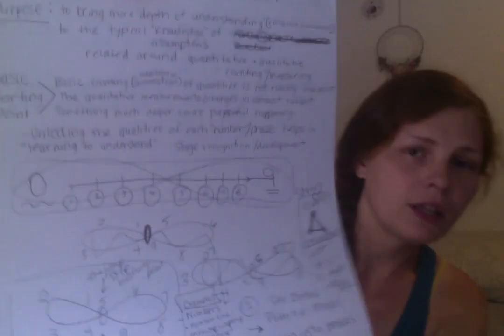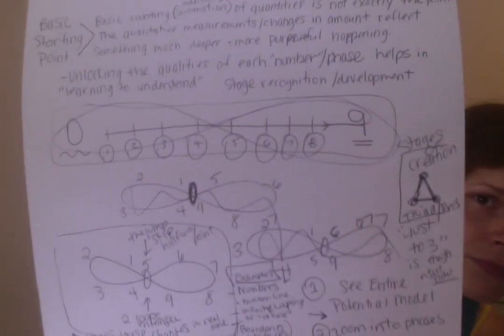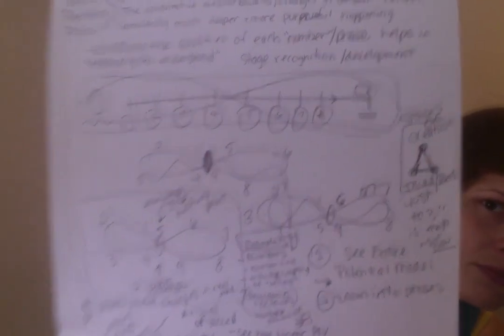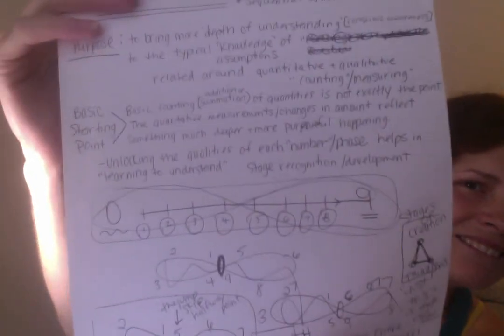Now, what is really happening, I'll show this here. Now see the number line. Every single number, like I talked about with the linear view here, has the potential to zoom into it.